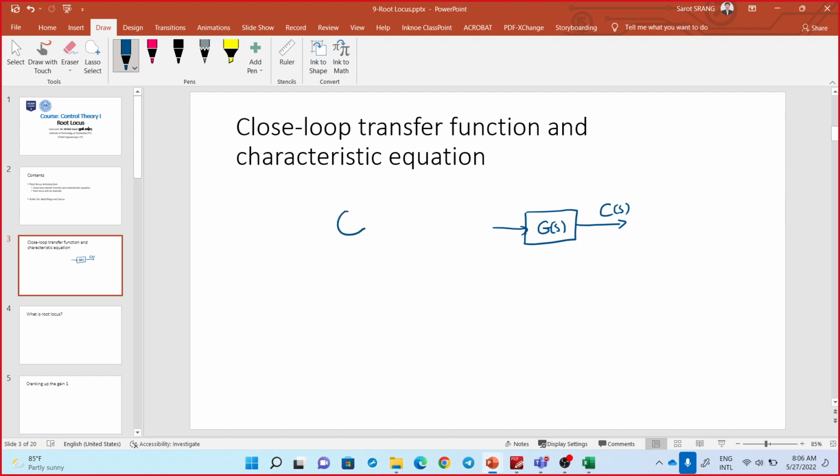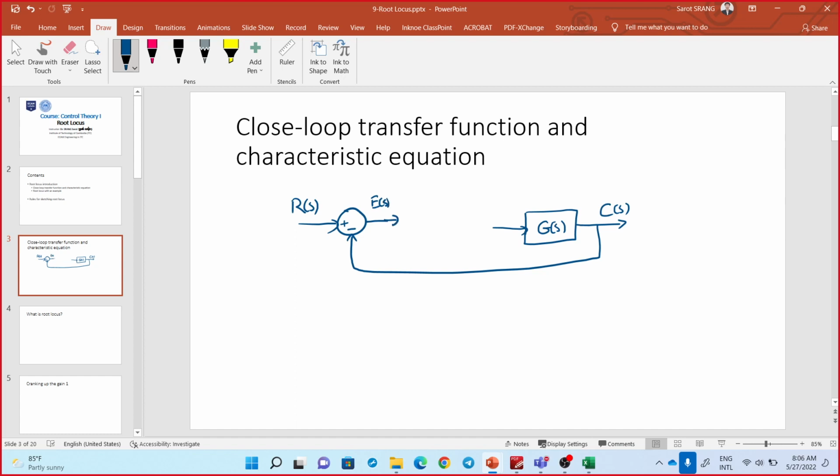So you have a reference or desired. Here the r comes from the word reference or desired. Then you measure the output of the system to compare with the reference. Suppose you have a unit feedback, then you compare with the reference and you get the error.